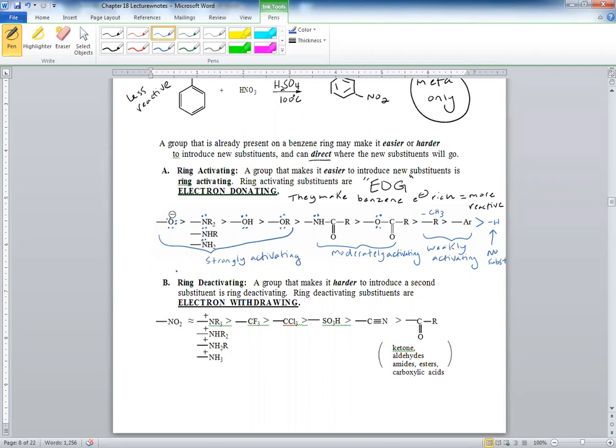Again, something to say here is that all of them, except weakly activating groups, have lone pairs.